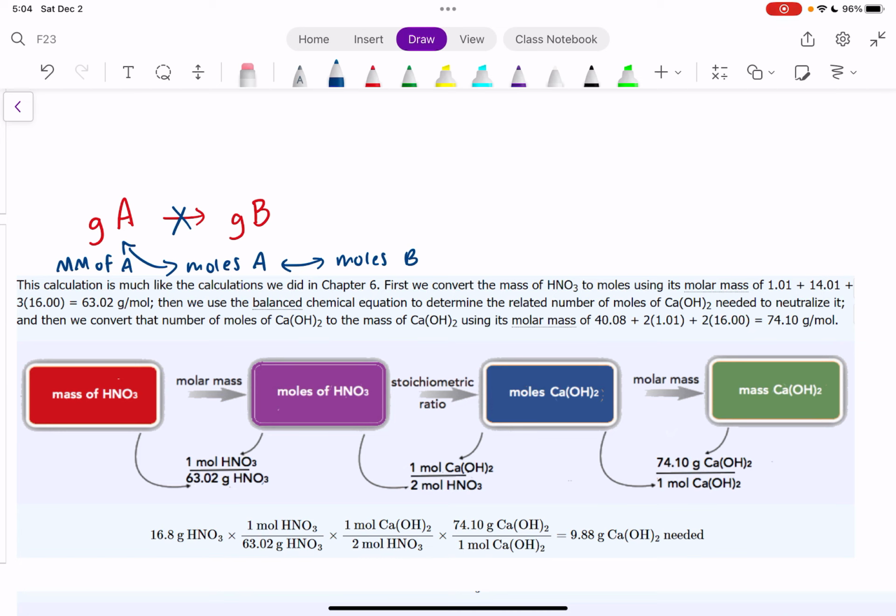My balanced chemical equation, or my molar ratio. And then I can get from moles of B to grams of B using what? Yeah, the molar mass of B. This should look very familiar because we've been doing it since Chapter 6. It's just that now we're doing it specifically for an acid-base reaction, but it's the same setup.